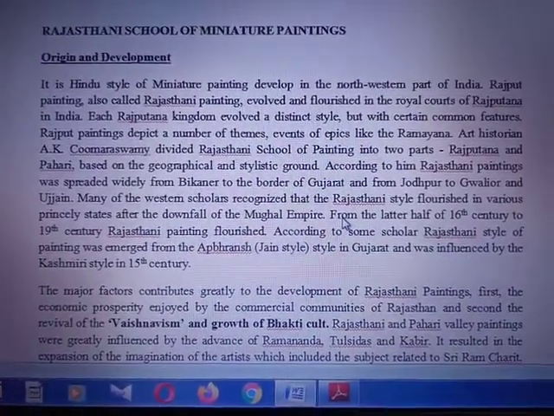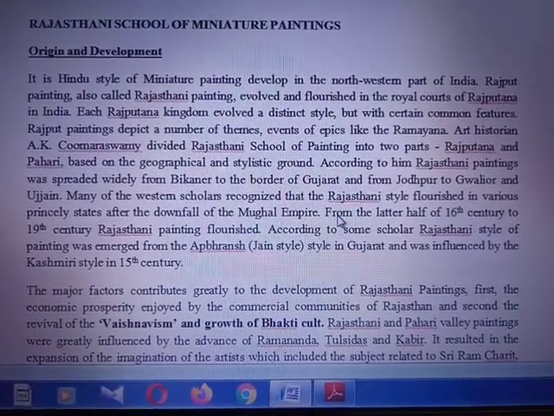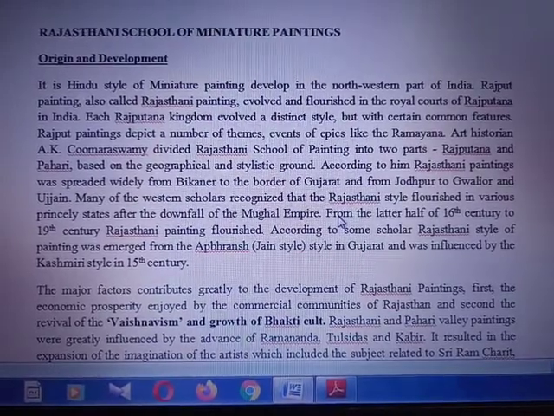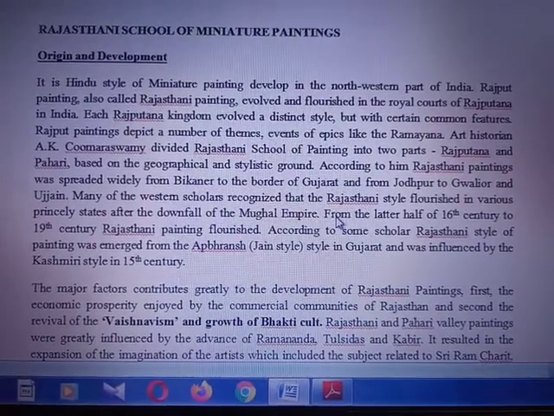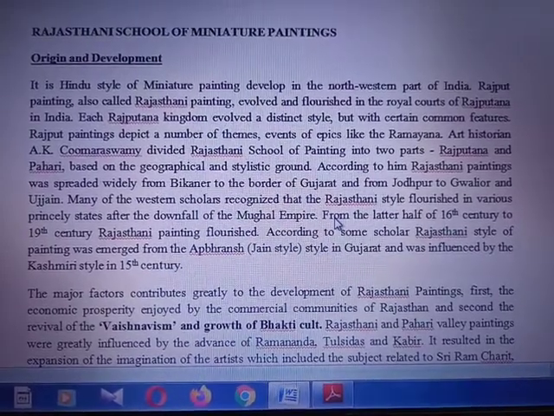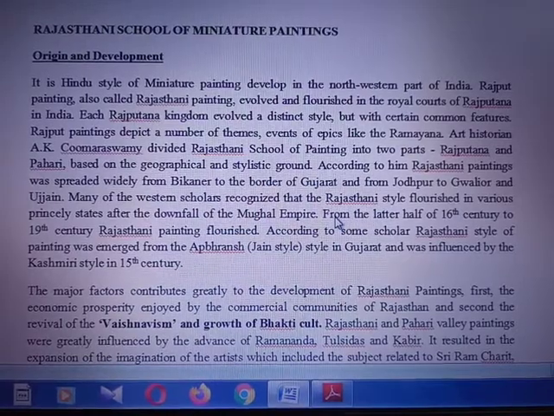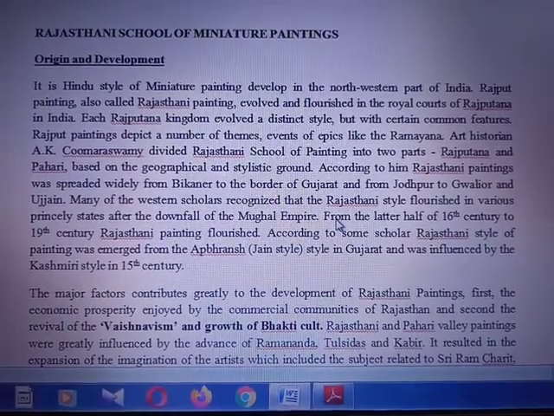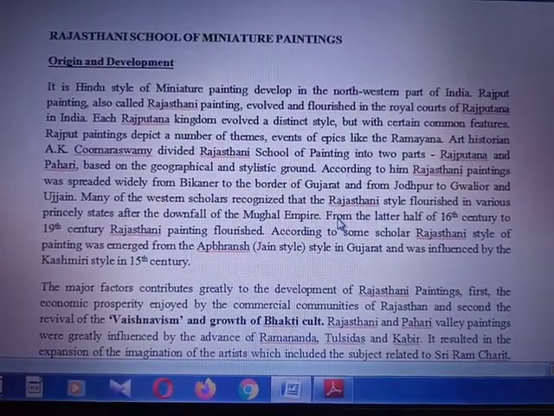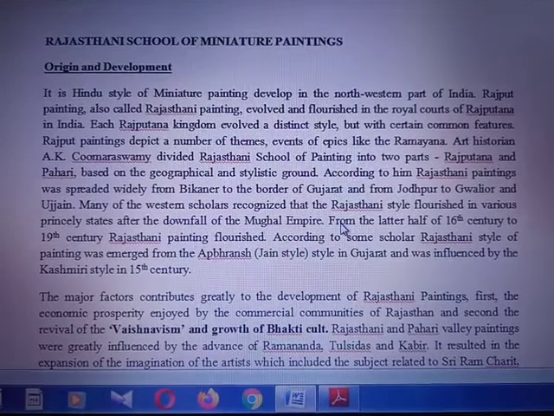Many scholars of the Western school recognize that the Rajasthani style flourished in various princely states after the downfall of the Mughal Empire. What is the time period of Rajasthani painting? From the later half of the 16th century to the 19th century, Rajasthani painting flourished.